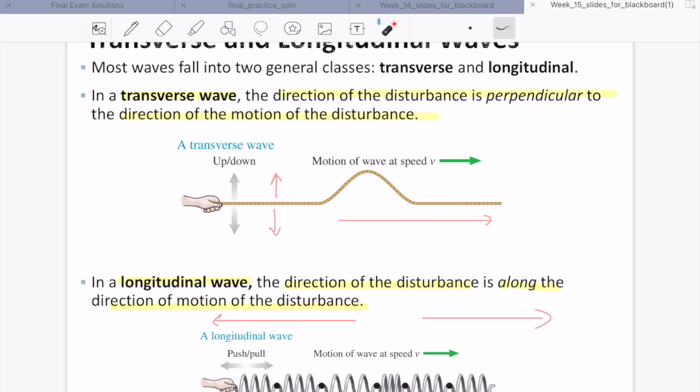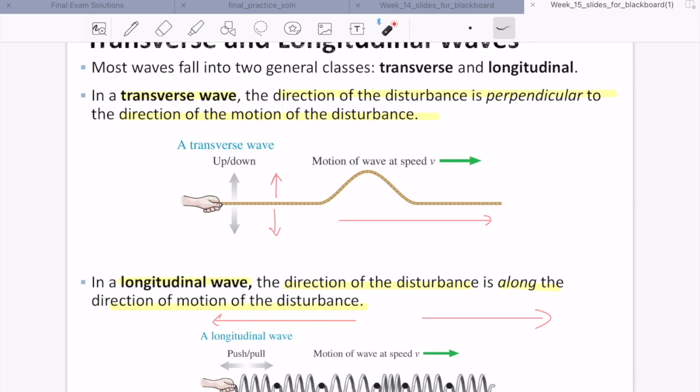So the medium itself, or at least these specific points, will move up and down. But then the actual wave that you see, the peaks, those will move left to right. So the direction of the wave, the direction of that disturbance, is left or right, but each specific point of the medium, like the physical points of the string, will just be going up and down.